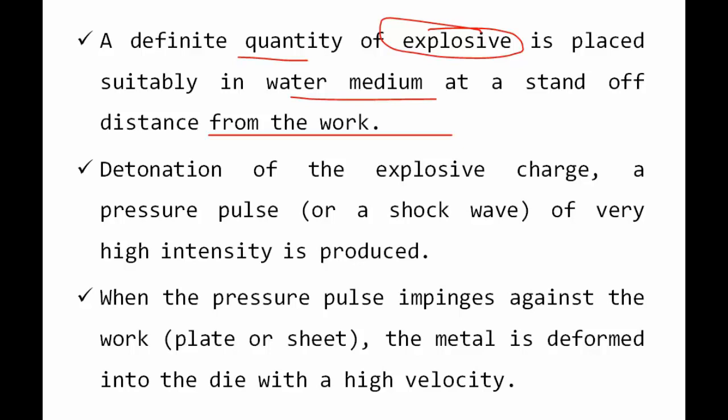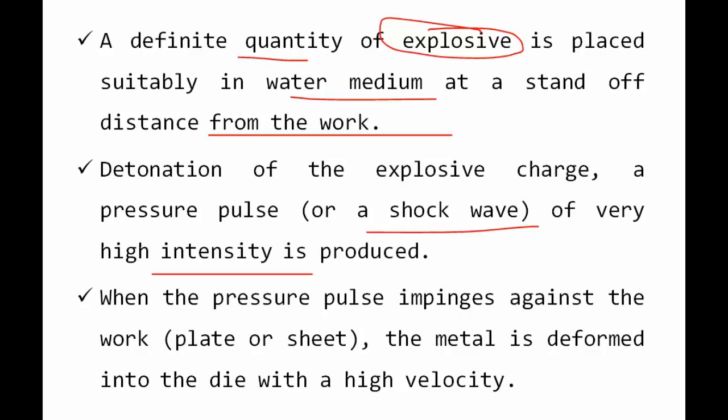On detonation of the explosive charge, a pressure pulse, a shock wave, is produced. Very high intensity is produced once the explosion is initiated, giving an impact of force on the environment.